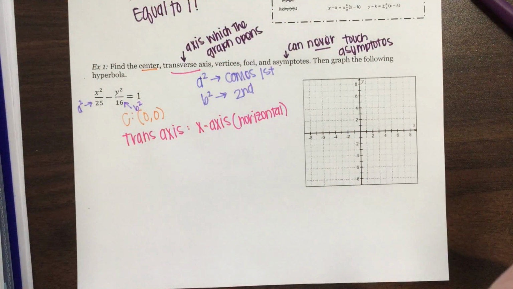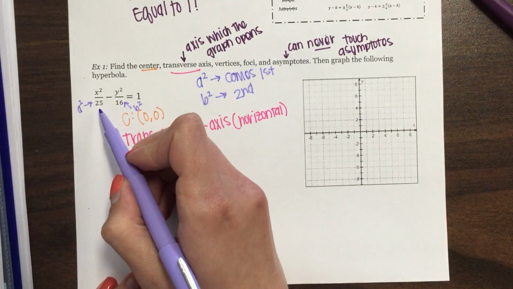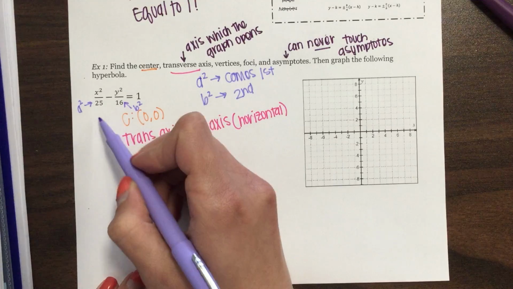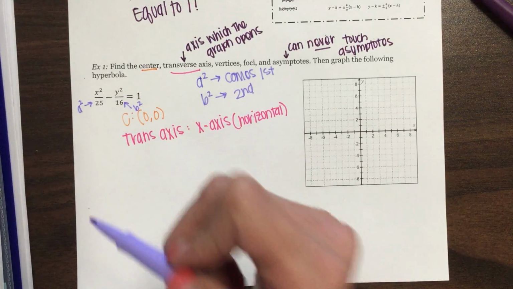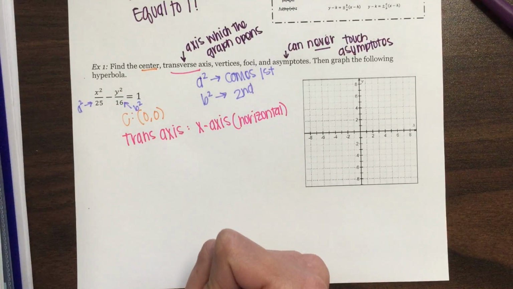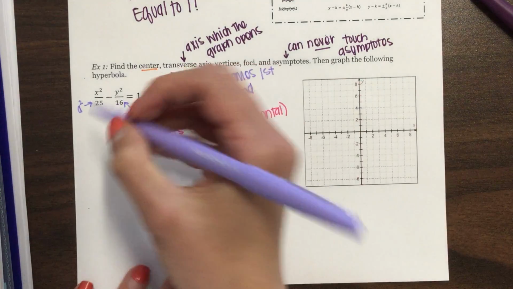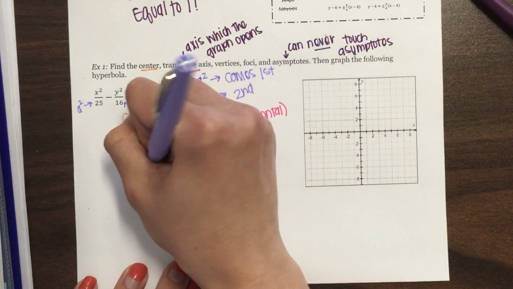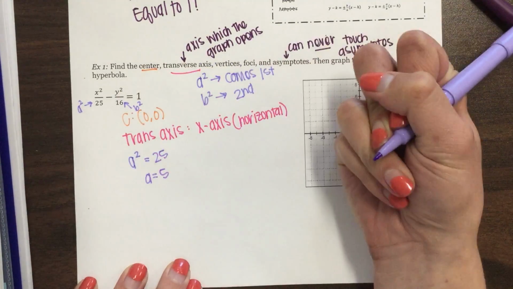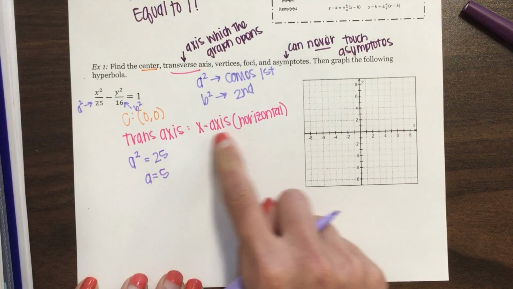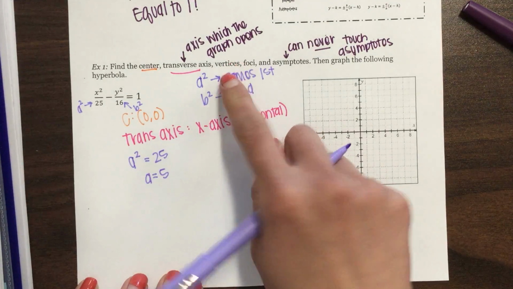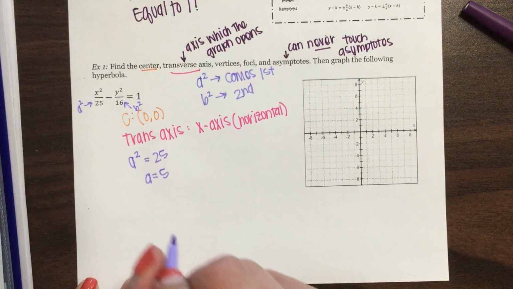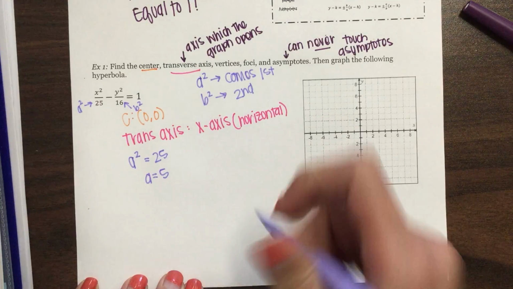It's just a coincidence that 25 is bigger than 16. If this was 16 here and that was 25, this one would still be a squared. A squared is always the one that comes first. So if a squared equals 25, then a equals 5. And it's the x-axis, so my vertices are positive and negative 5 on the x-axis.